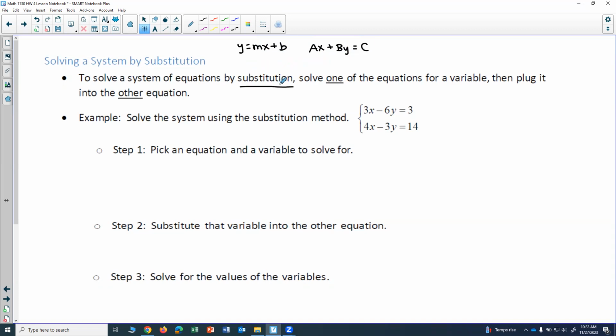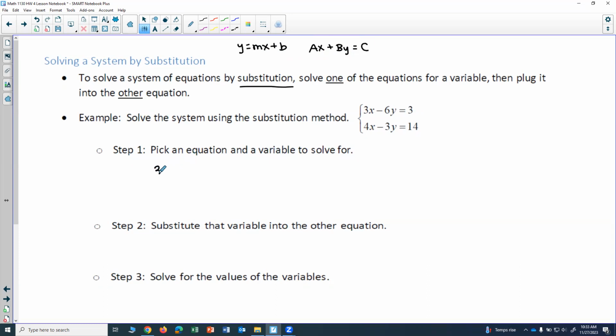The idea is to solve one of the equations for a variable and then plug it into the other equation. Here's our example. We have 3x minus 6y equals 3 and 4x minus 3y equals 14. So I broke down the process into steps here. Step 1 is pick an equation and a variable to solve for.